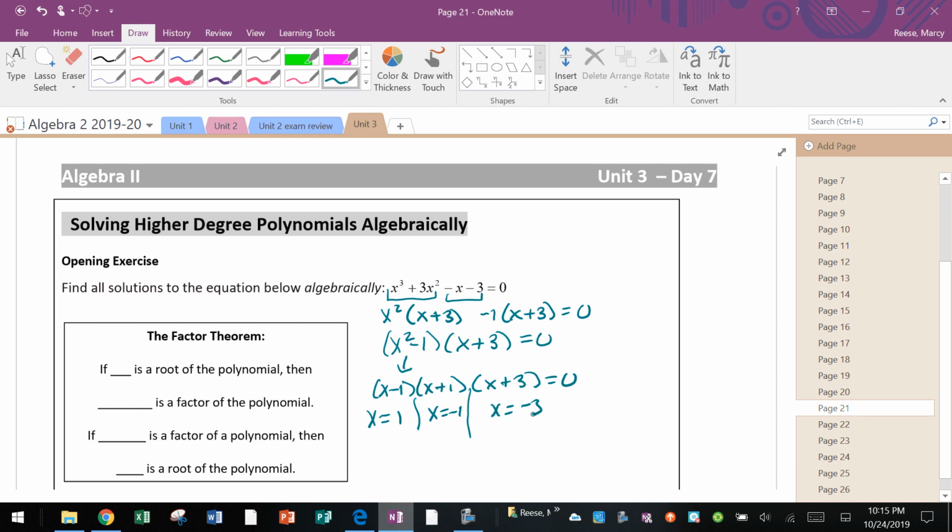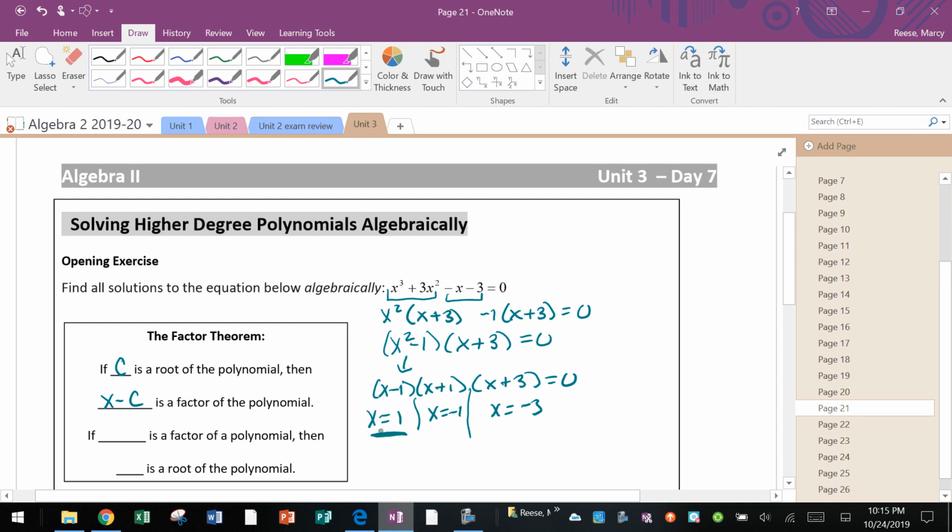And we stated this factor theorem before, where it says if c is a root of the polynomial, so for example, this is like my c value, x equals 1, 1 is my c, then x minus c is a factor.